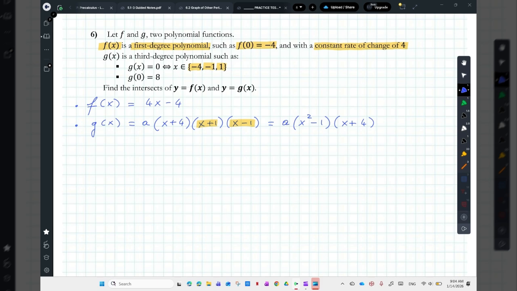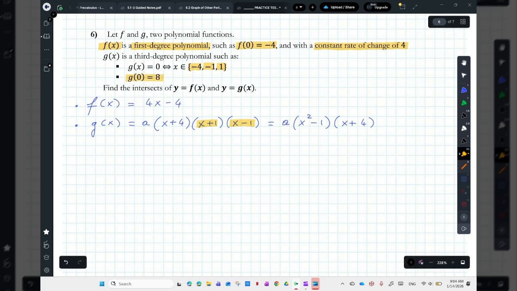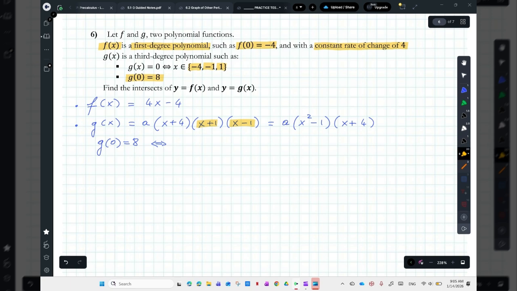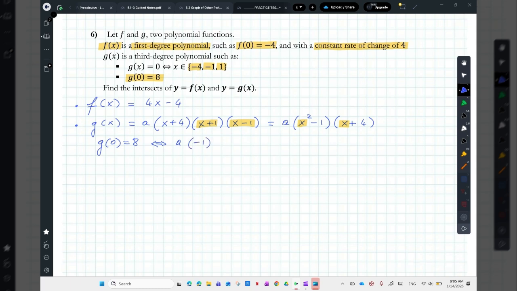And I need to find a. And for that, I'm going to use the point given to me here, which happens to be the y-intercept. So g of 0 equals 8. So I'm going to replace the x here and there by 0. And I will have a times negative 1 times 4 equals 8.